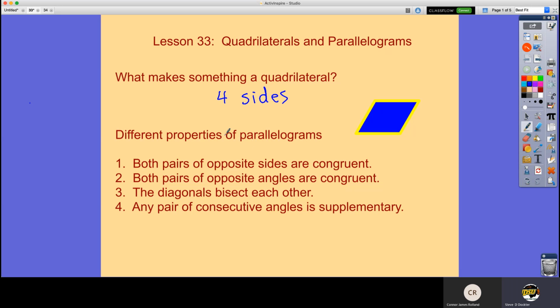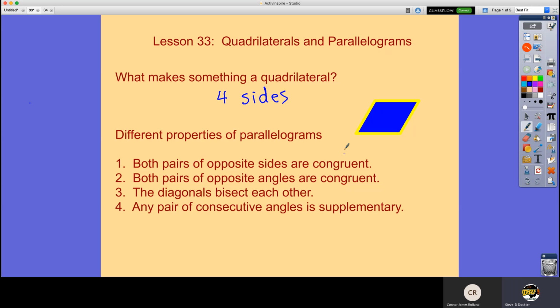Now from a quadrilateral, we can break it down into different parts. One of the most basic things that we can break that down into is a parallelogram. If you know that you have a parallelogram, that means all 4 of these things down here are accurate.